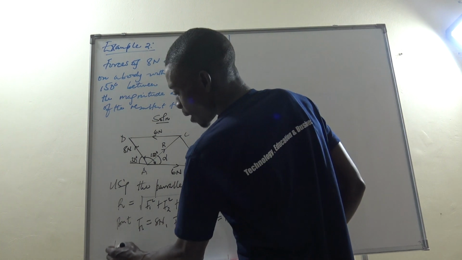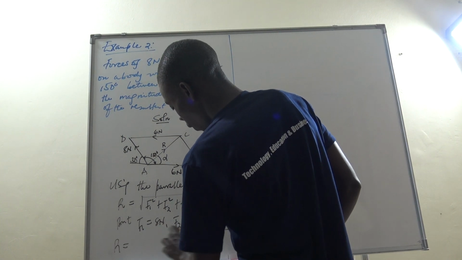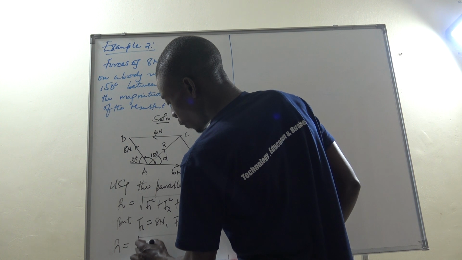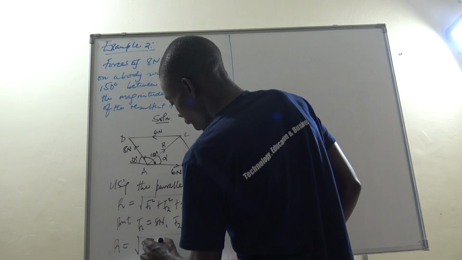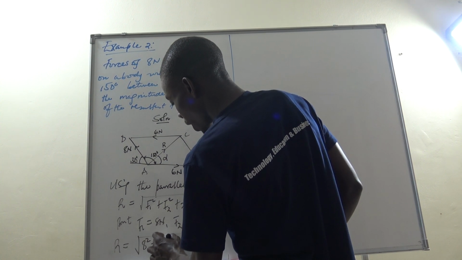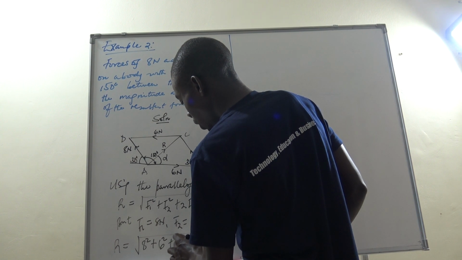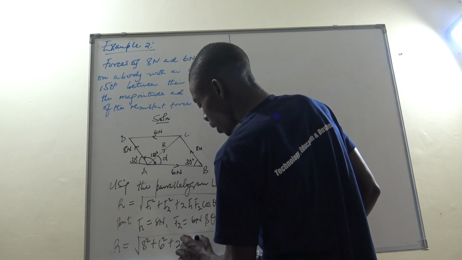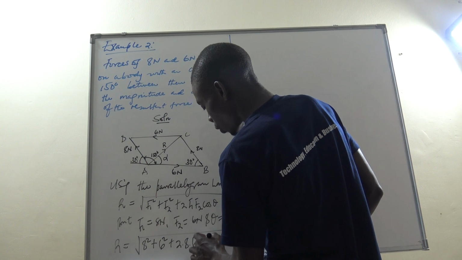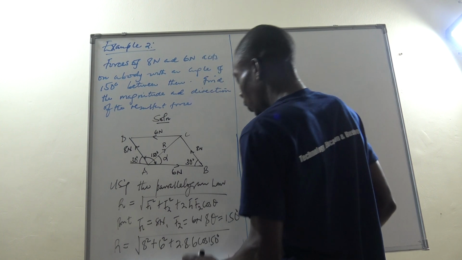That implies that my R will be equivalent to the root of 8 squared plus 6 squared plus 2 times 8 times 6 times cos of 150 degrees.